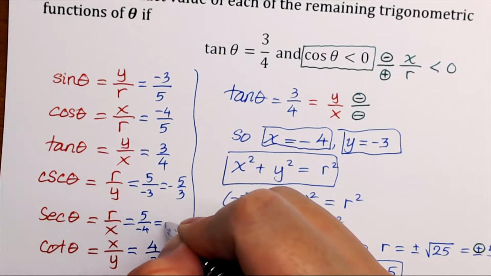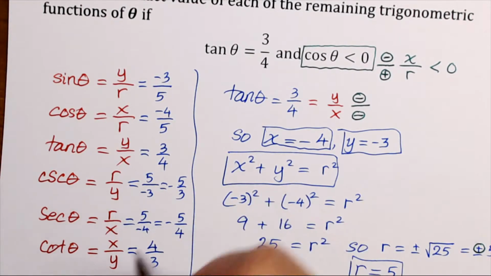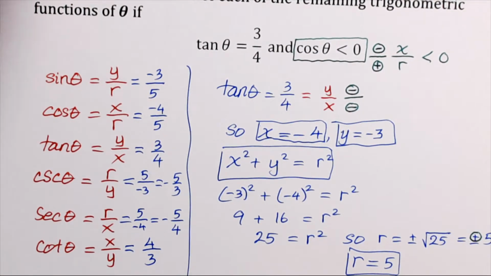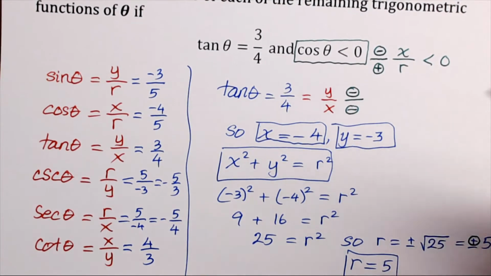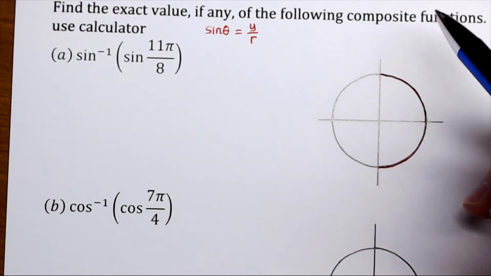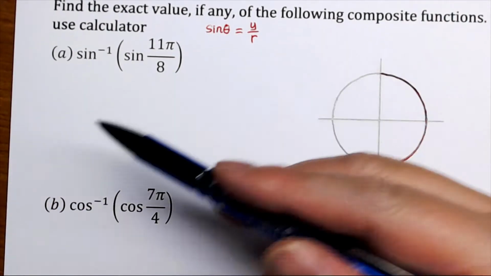We are given that tangent is equal to 3 over 4. And tangent we have is y over x. Right. It's very tempting to say that y is 3 and x is 4 and we're done with that. But notice that we have this condition as well.